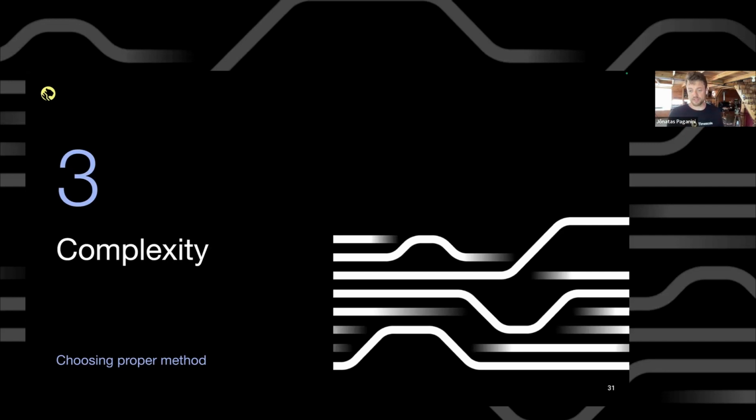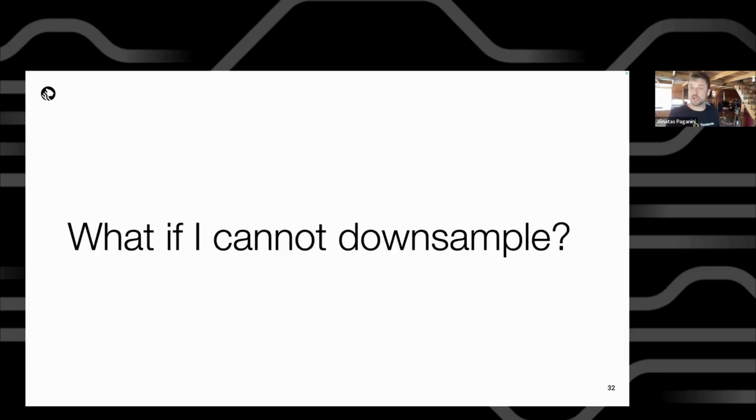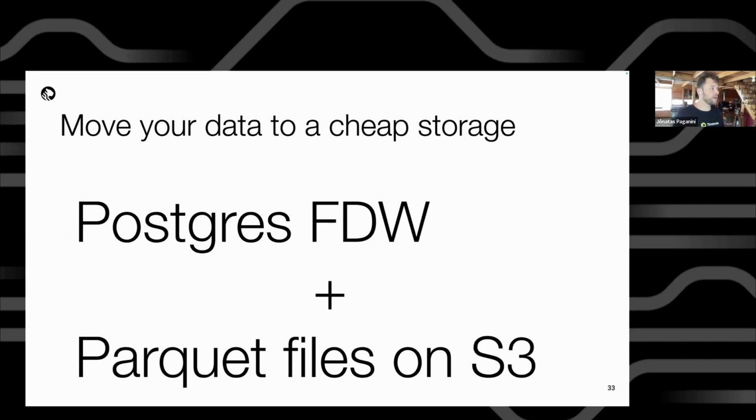And if you cannot downsample your data, what you can do is think about cheaper storage. We see a lot of people on downsampling, but some people really have intensive data, they have it for 50 years, and they really want to have this high resolution data. So probably you need to think, hey, I need to move it somewhere. Maybe Postgres will not be the best place.